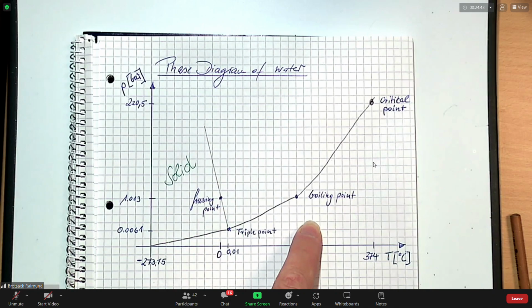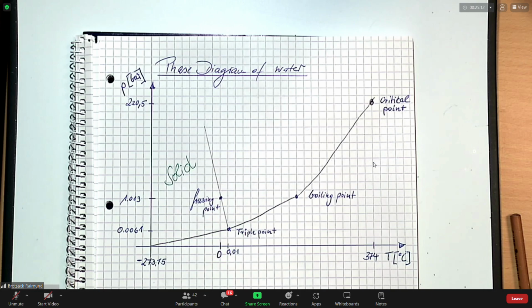What is the phase here? Is it liquid? So here we have the gas. Because when we increase from 0 degrees Celsius temperature to 100 degrees Celsius, then it's transferred into gas at higher temperature at that pressure level.